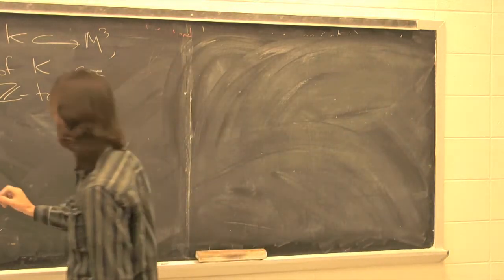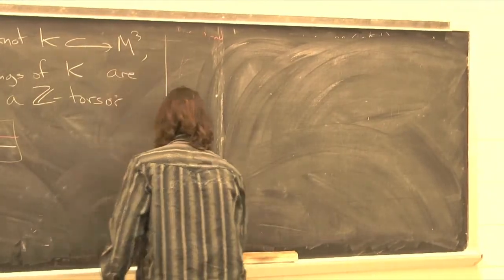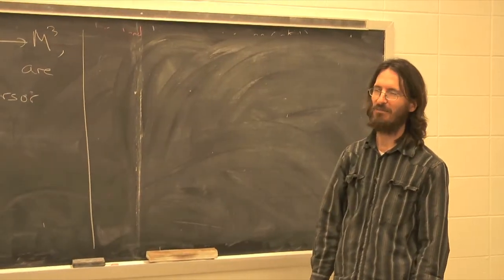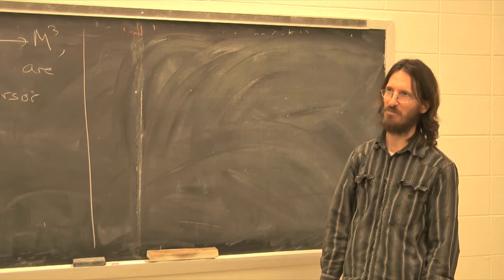But the upshot is that if you find a way to draw a framed knot, to specify a knot with a framing, then that will determine how to attach a four-dimensional two-handle.